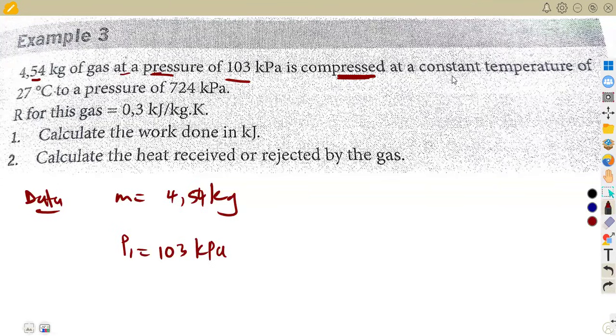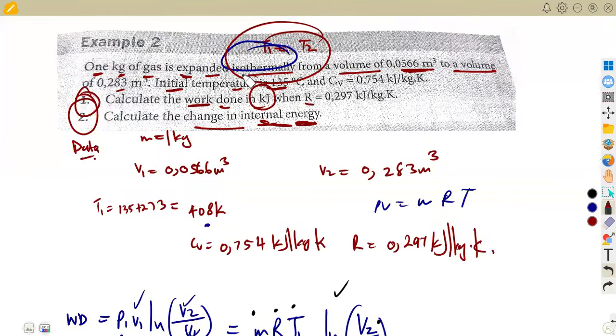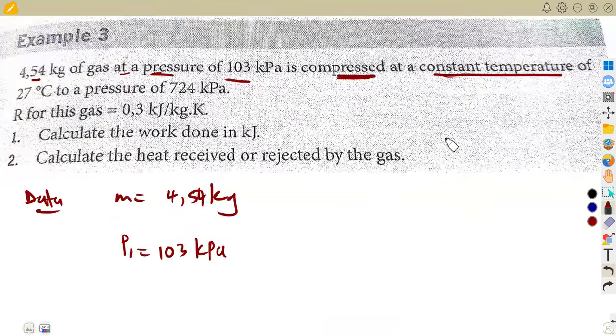At constant temperature, what is the difference between this question? There's no difference, because there they mentioned that it's isothermal. They did not write that at constant temperature, but we know that. Now they are saying it is at constant temperature. So what's the difference? There's no difference. We are still under an isothermal where T1 is equal to T2.